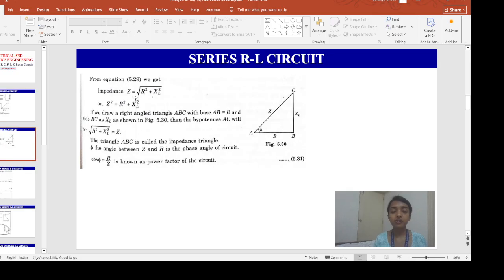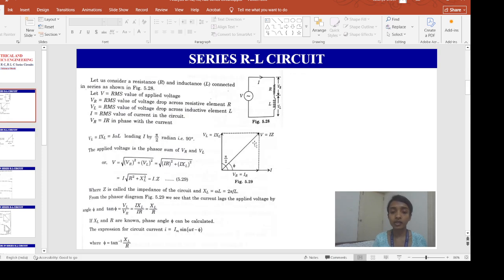From the equation, V equals IZ, where Z we have considered as the root of R squared plus XL squared, or Z squared equals R squared plus XL squared. The previous triangle was my voltage triangle.